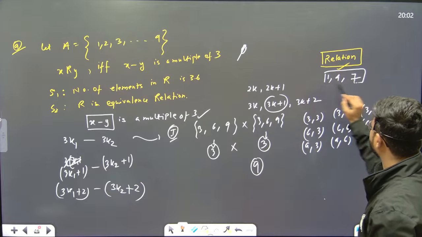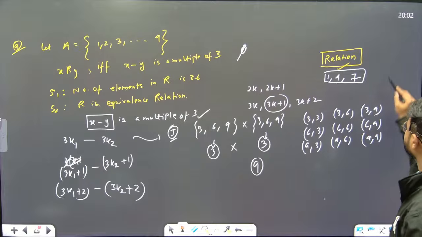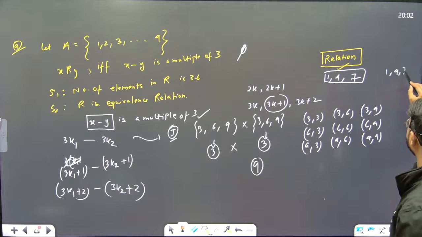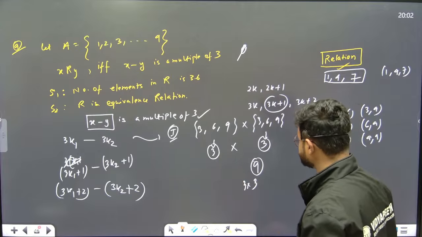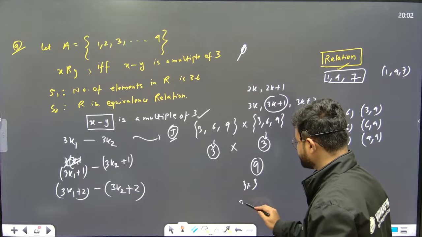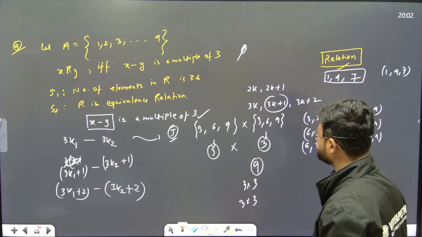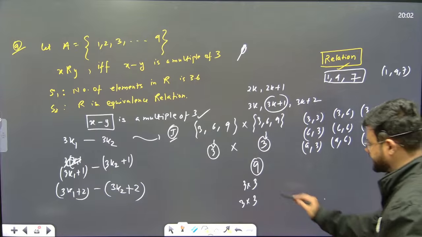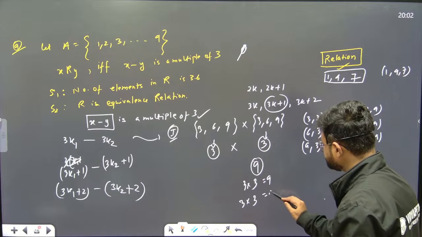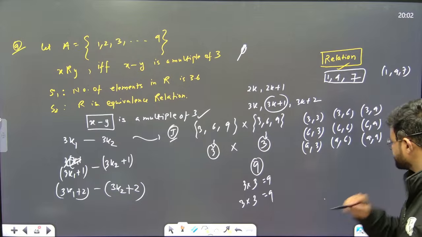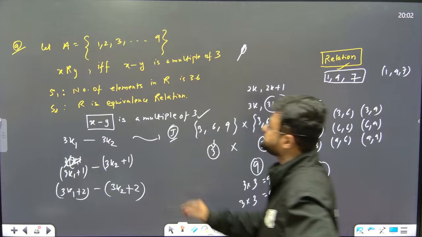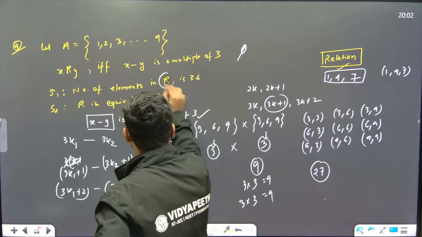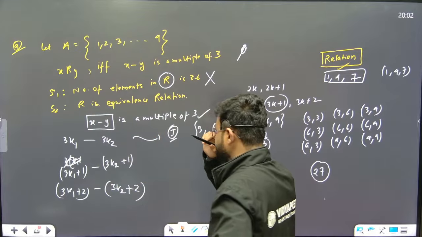So for x 1, 4, 7, for y also 1, 4, 7, again you will get 3 into 3, which is 9 for the second case. In a similar way, for the third case also it is going to be 3 cross 3, that is 9 cases. So total, if you count, there are 27 elements present in relation R. So this option is going to be wrong.